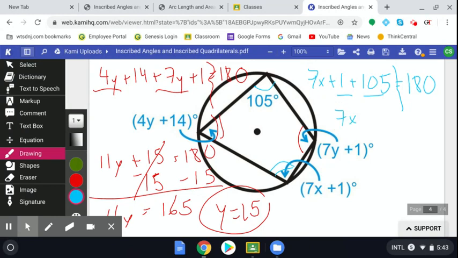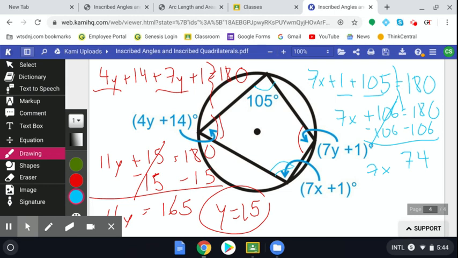So 7x plus 106 equals 180. Now I need to subtract 106 from both sides. And I get that 7x is going to be equal to 74.